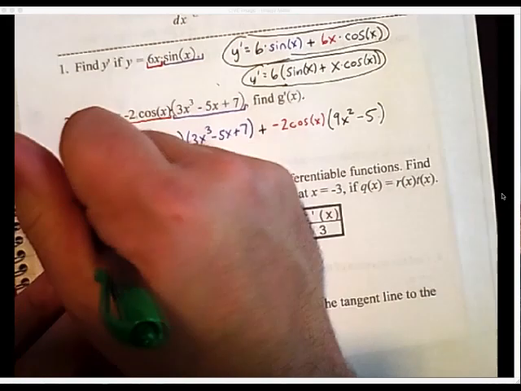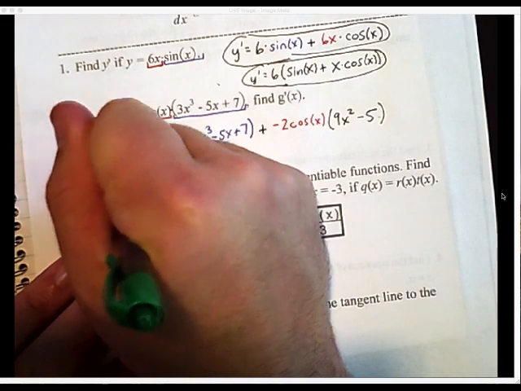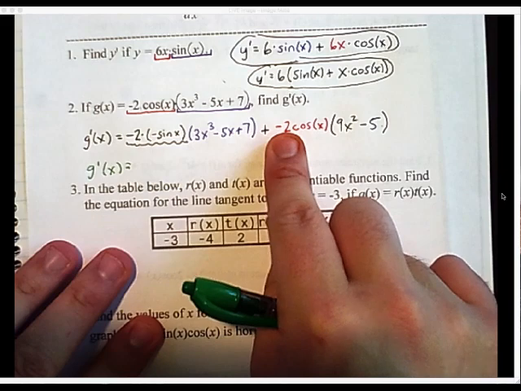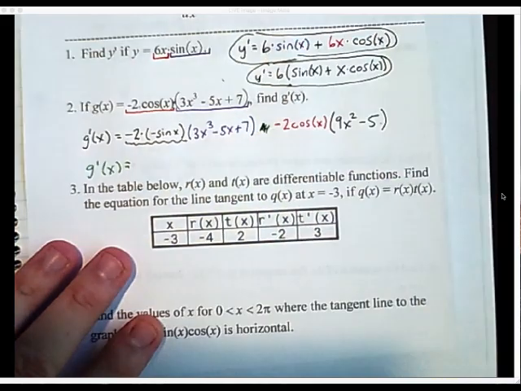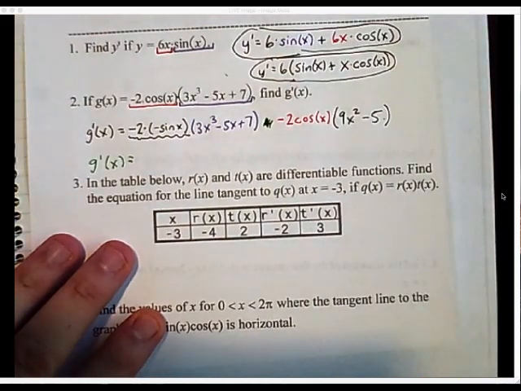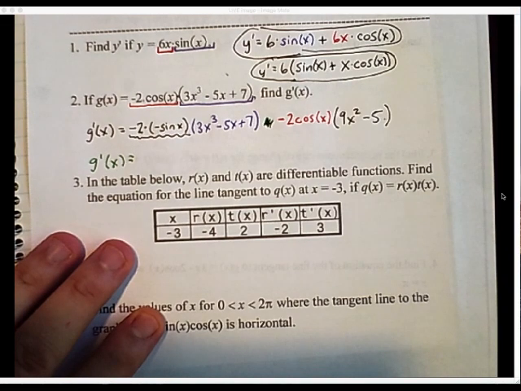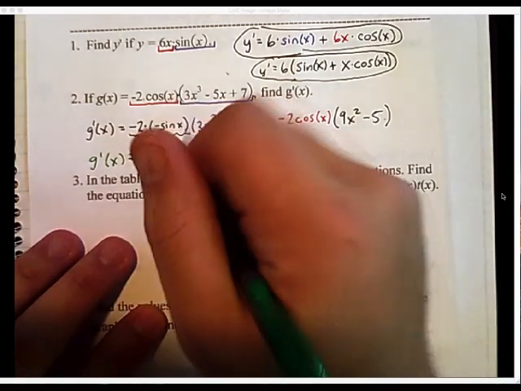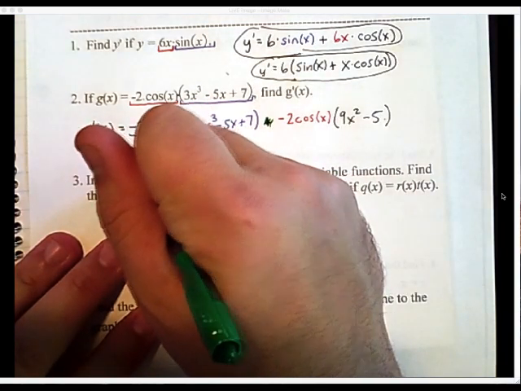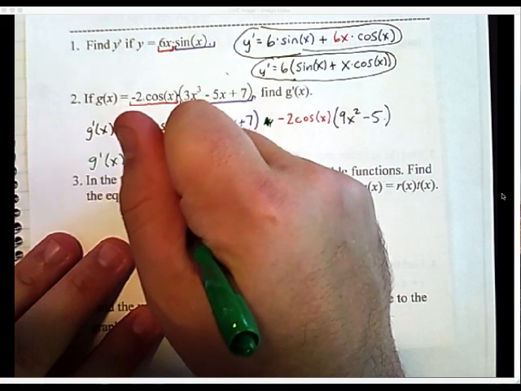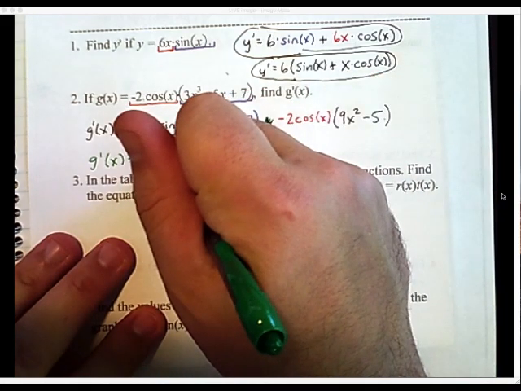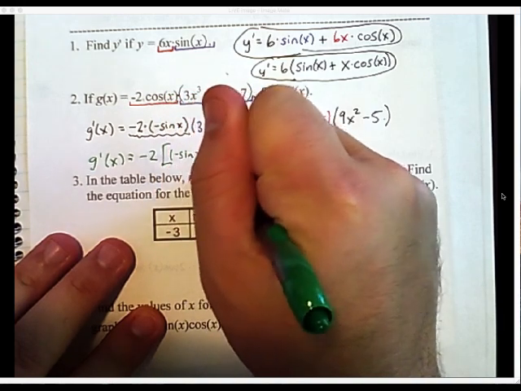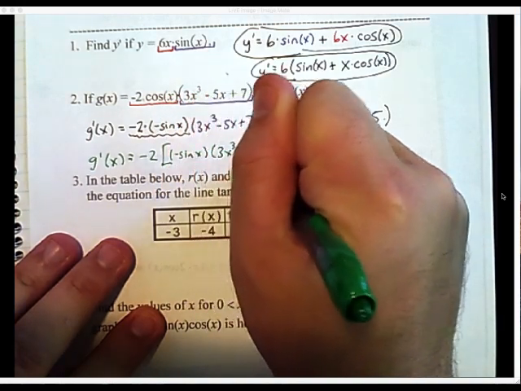Okay? Or if you wanted to make it a little bit nicer, here you're adding a negative, so that's really the same thing as subtracting, so I don't need to put that in there. All right, you could factor out either a 2 or a -2. Doesn't really matter. Let's say you factored out a -2. You would have a negative sine of x times the 3x cubed minus 5x plus 7.